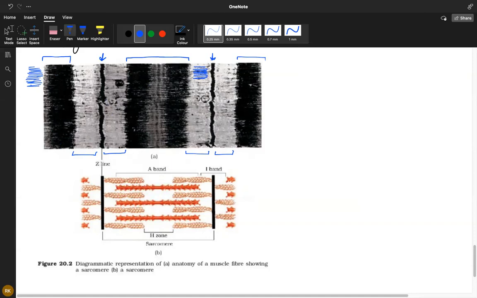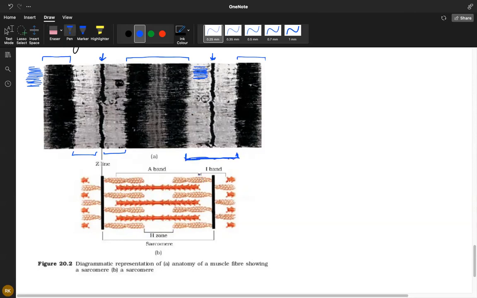So first you have to understand these, keep writing certain things. Wherever you find a light band, from here to here, and here to here, together this region is called the I band.